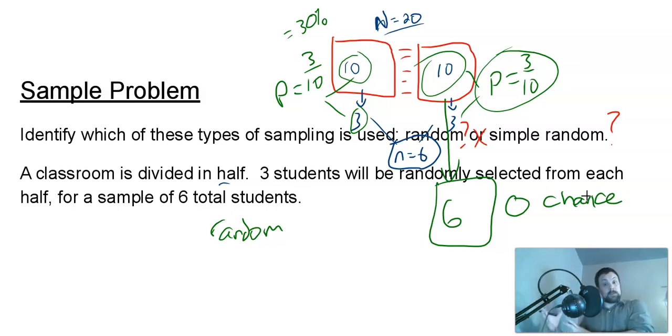I'm only going to choose 3. So a group of 6 people from that side has no chance of being the sample based on this method, and so it is not simple random. You have to do some acrobatics here, but it is possible to have scenarios where it's random, but not simple random.